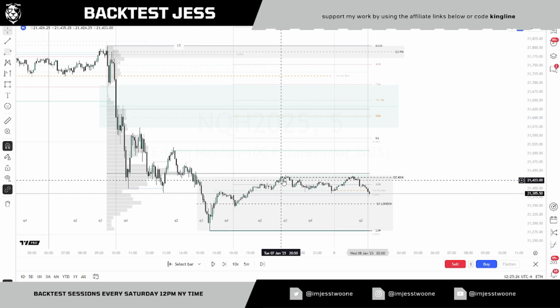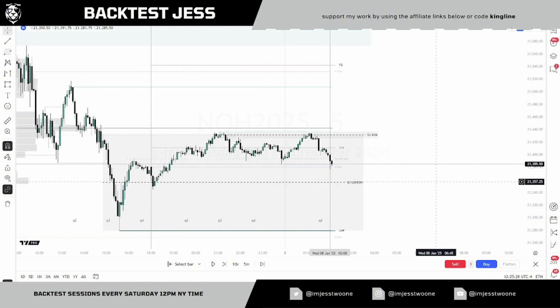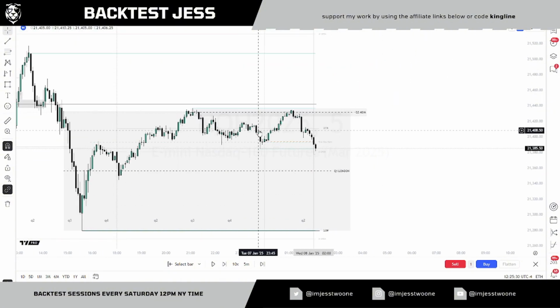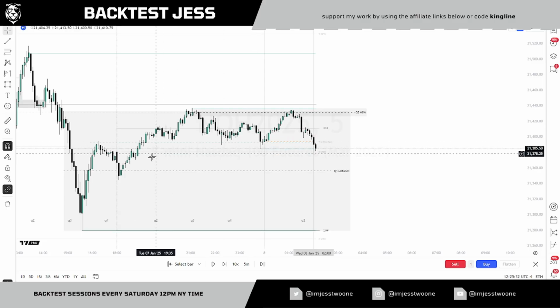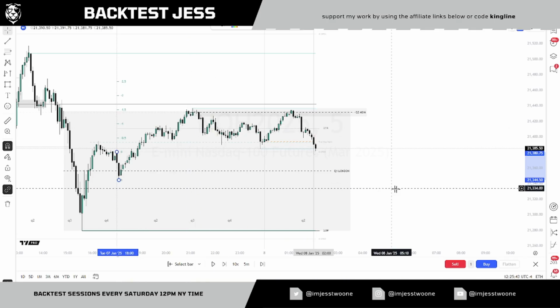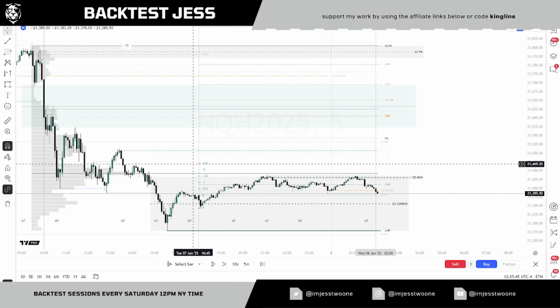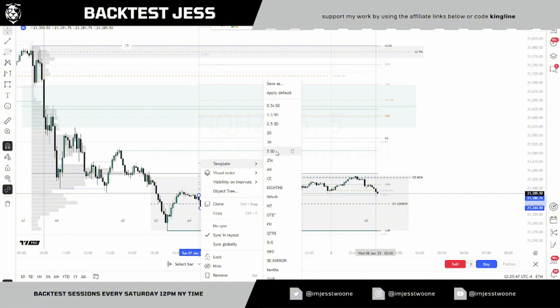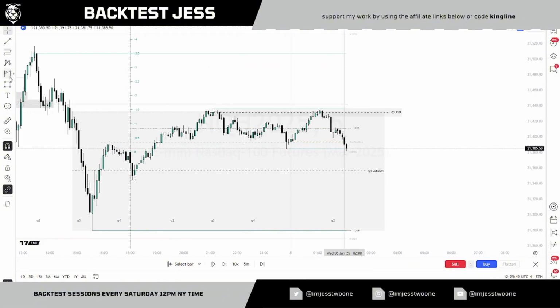So we've expanded up and hopefully we get some sort of, let me see the lowest manipulation so far. This is the lowest one technically that happened right at the open. So this is a Q1 manipulation or a Q1 deviation that we haven't violated yet.